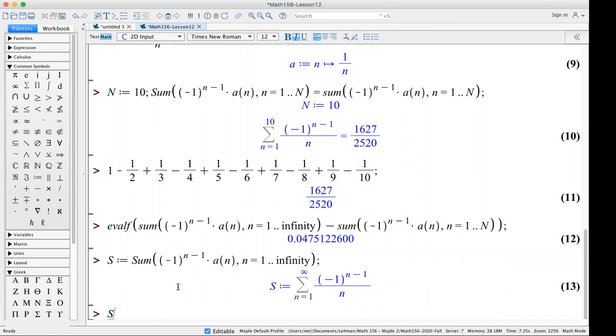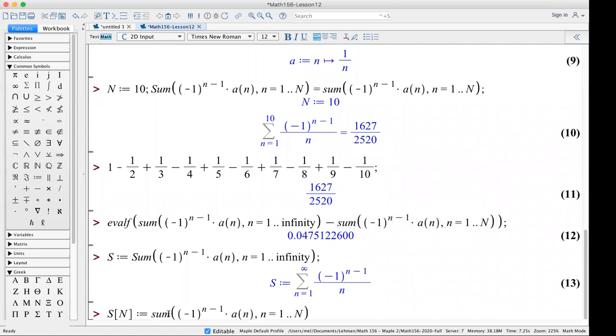And suppose we let S_N be the finite series, the partial sum of the first N terms.